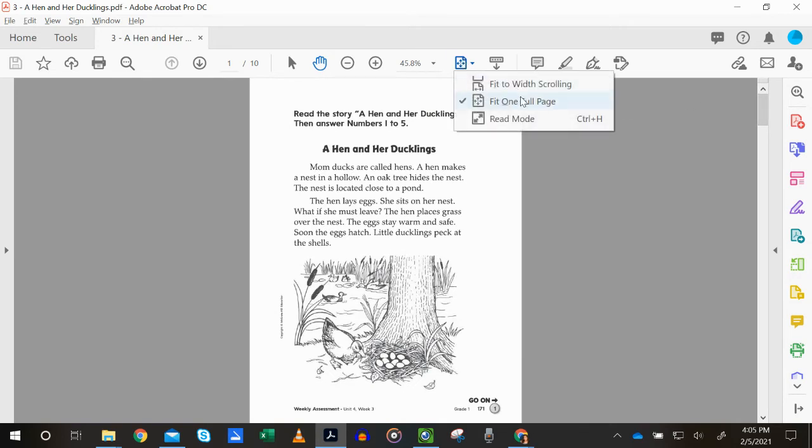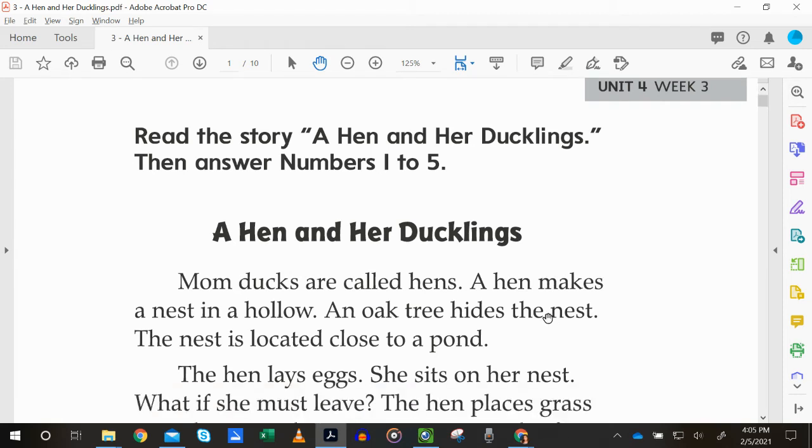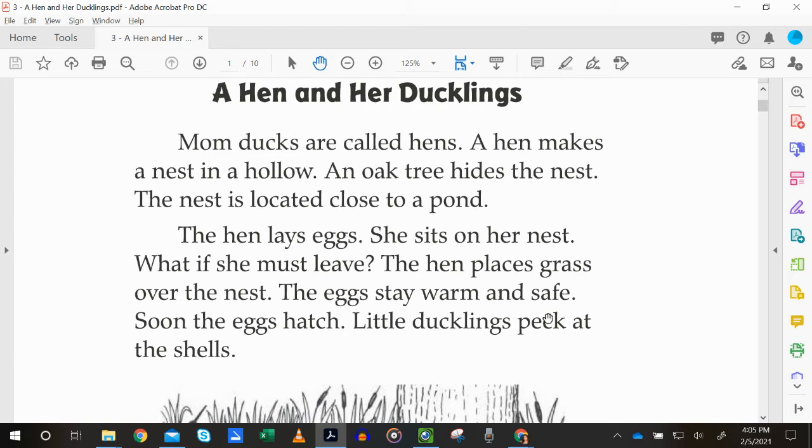Okay, so let's get a little closer so we can look at this story. It says, okay, oh, I'm skimming. Do you remember skimming from last week? To look for eggs because we want to be talking about eggs. Okay, and I can see it says eggs here. It says the hen lays eggs. Then eggs here. The eggs stay warm and safe. Oh, warm and safe.